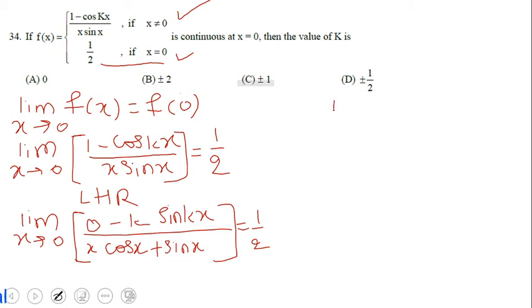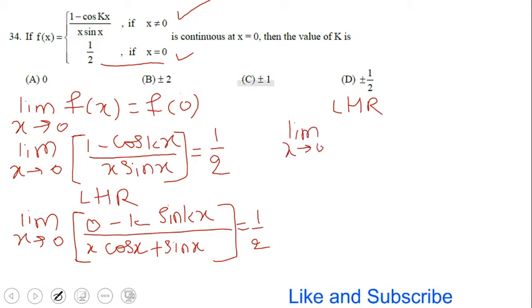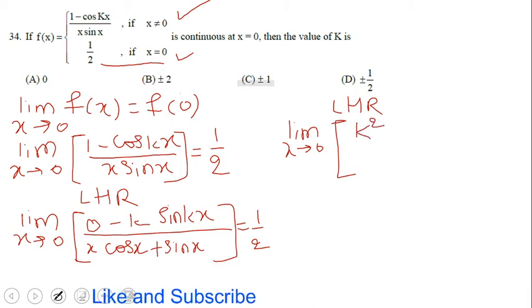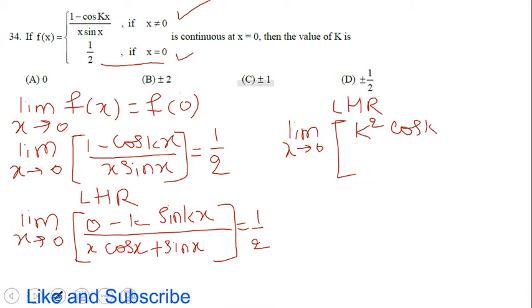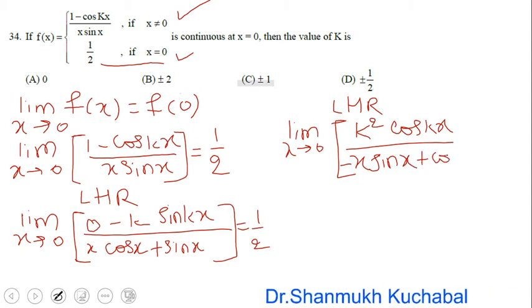Therefore, once again we will apply L'Hospital's rule here. The limit x is tending to 0. Differentiating, we get minus into minus plus k square cos kx. Then the denominator differentiation: minus x sin x plus cos x.